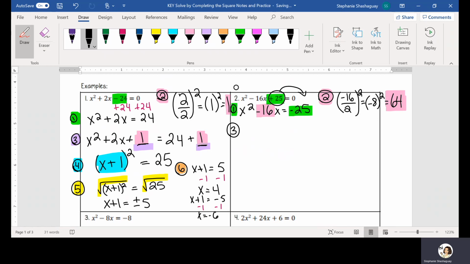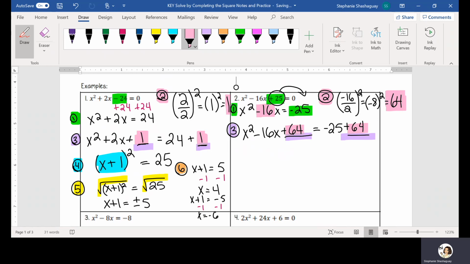So step 3, we're going to have x squared minus 16x plus the number we just found, 64, and that's going to equal negative 25 plus 64, because we were adding back in that term that we just found with our negative b over 2a.